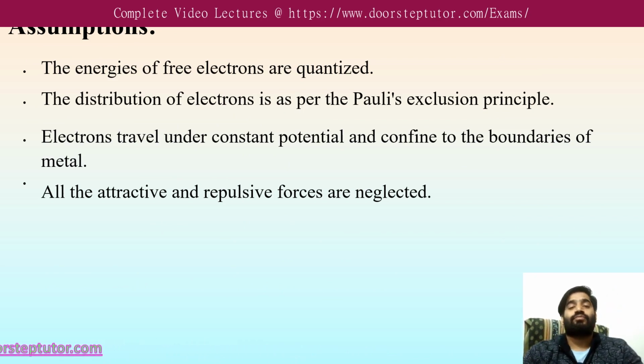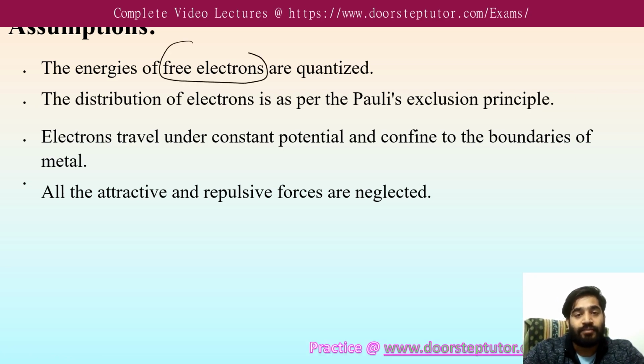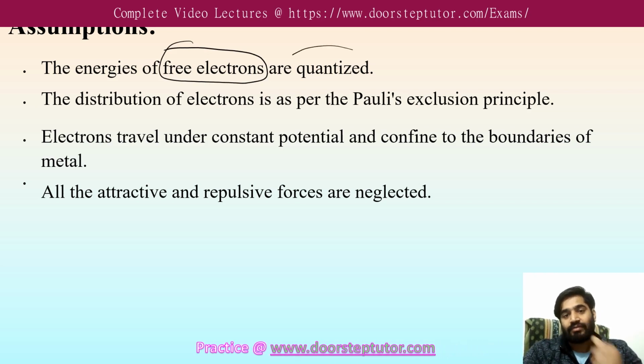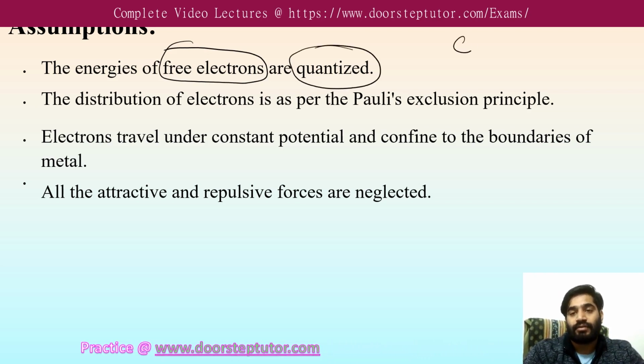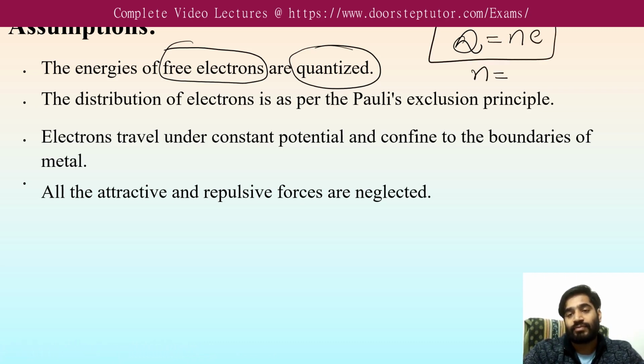It has certain limitations, but before those, we must know the assumptions Sommerfeld took. According to the Sommerfeld theory, the free electron should be quantized: Q equals n e, where n is an integer, 1, 2, 3.